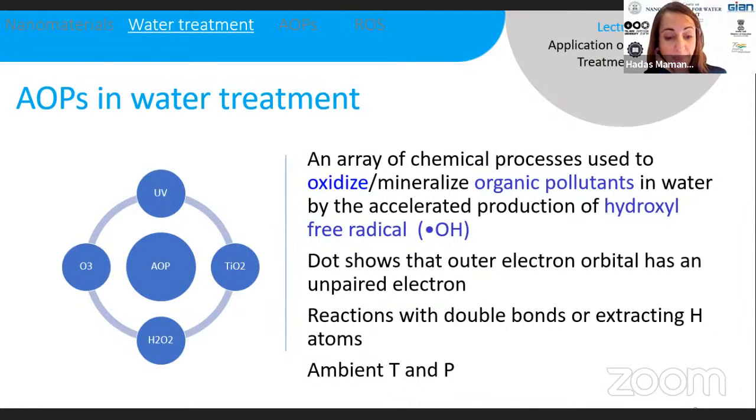And they react rapidly and non-selectively. So one of the things with AOPs is that they're not selective. So they would oxidize many organic compounds that are electron rich. Okay, so this is something to understand, that it's not selective. It's an advantage and it could be a disadvantage. So it really depends.